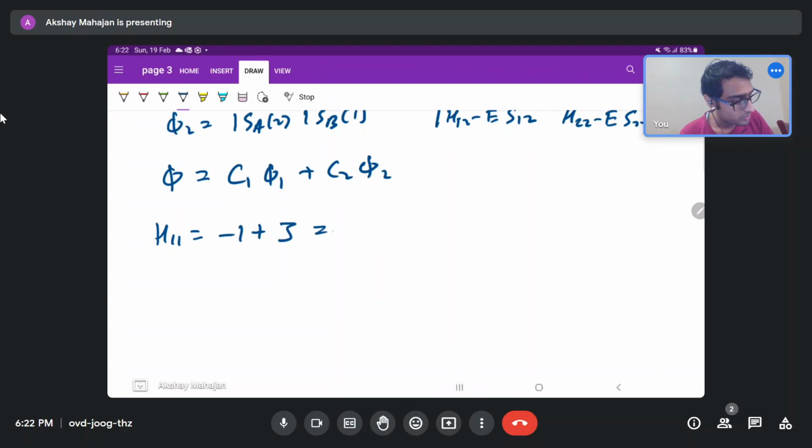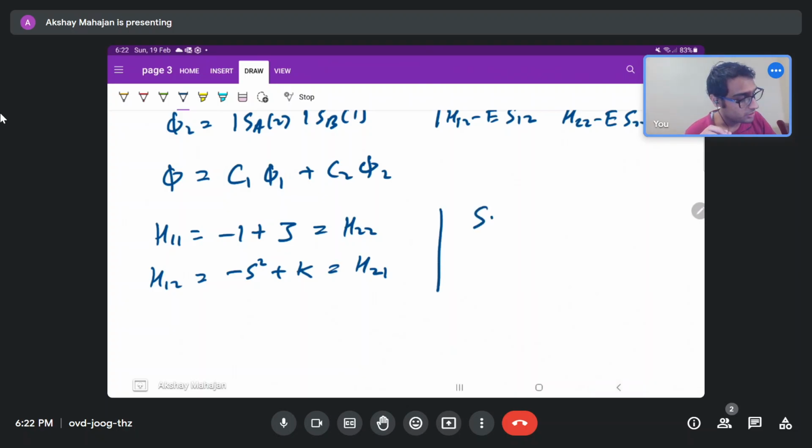J will be equal to H22, and H12 will be equal to minus S square plus K, equal to H21. Similarly, you will get S11 equals S22 equals 1, and S12 equals S21 equals S square.